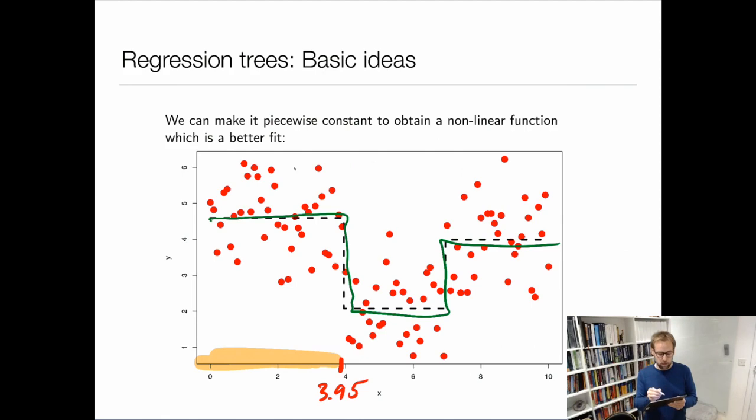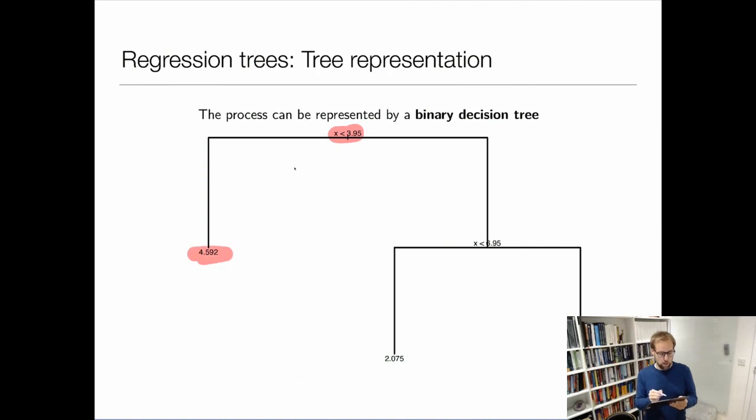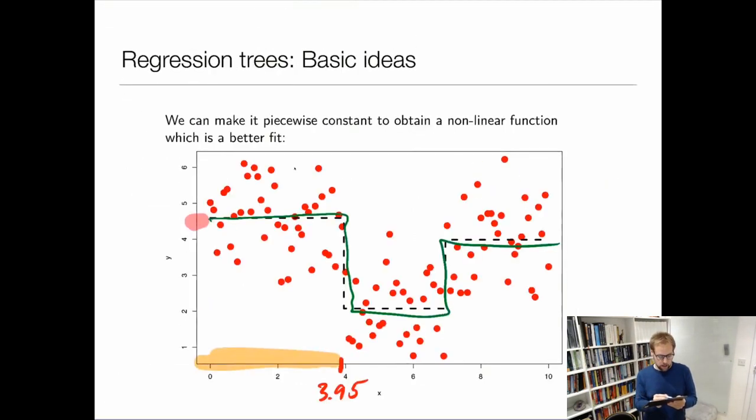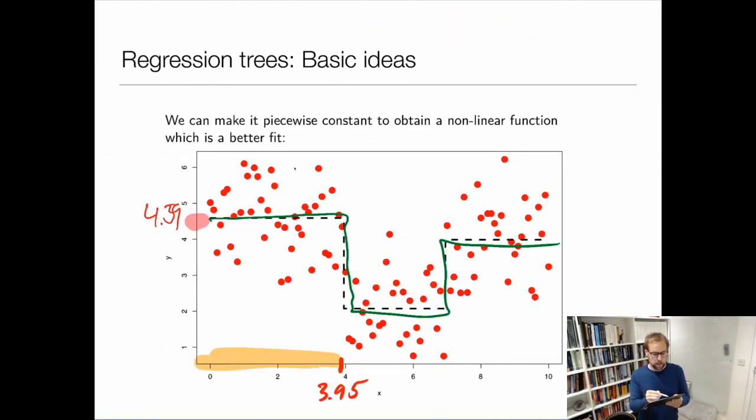And if I'm in this region, I give back this value here. And this value is 4.59. So I'm giving back 4.59 if I'm to the left of this point. Now then, if I'm to the right of this point, I will do yet another split here at 6.95, and this is exactly what I'm seeing.